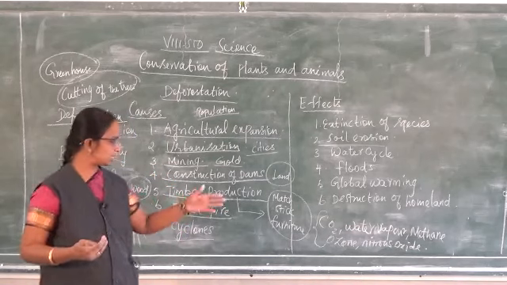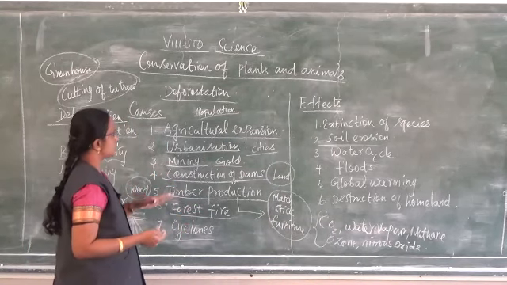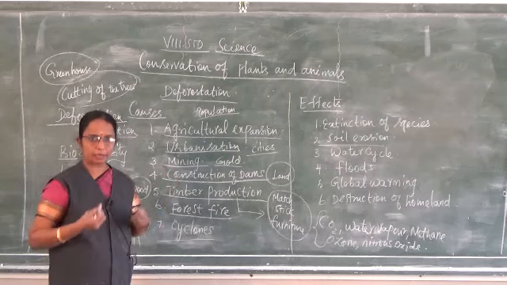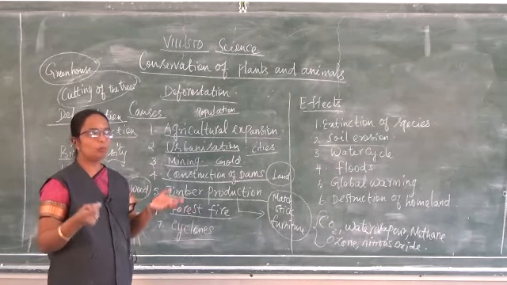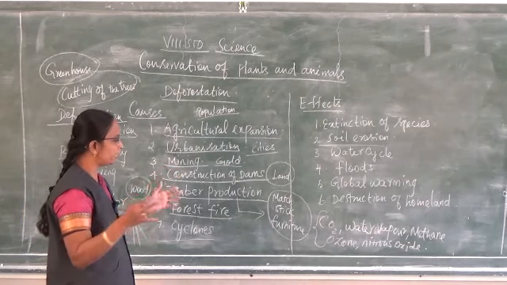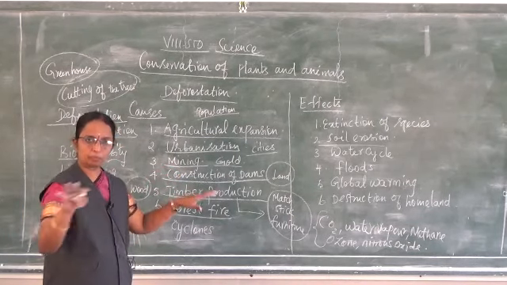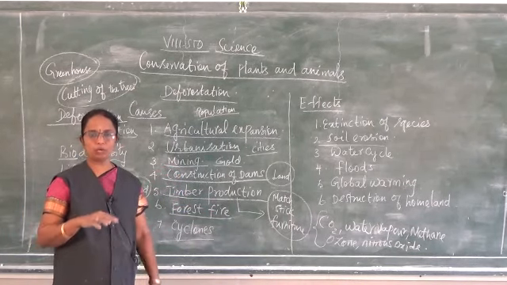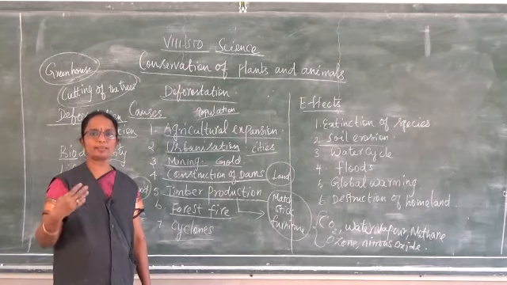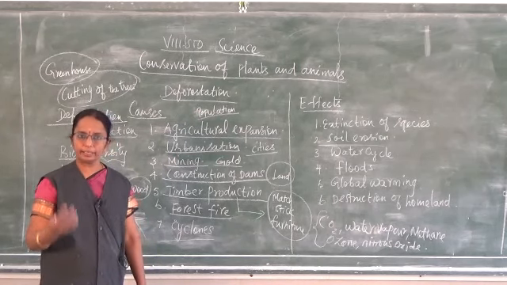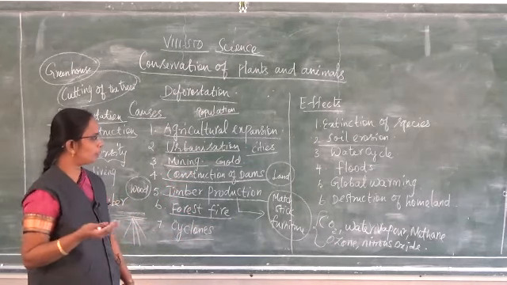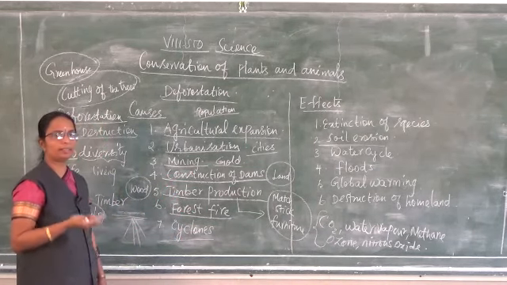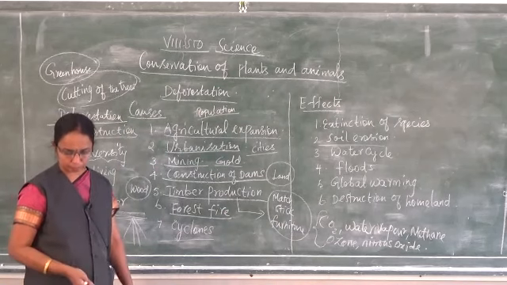It also falls on the greenhouse gases. They are trapping the heat and sending it to the atmosphere. So more heat is accumulated in the atmospheric region, and the temperature of the earth increases. That is known as global warming. Why is it happening? Because of the destruction of the forest.